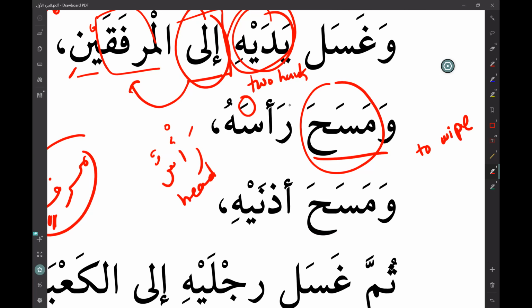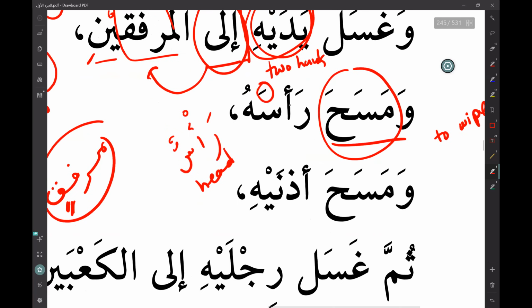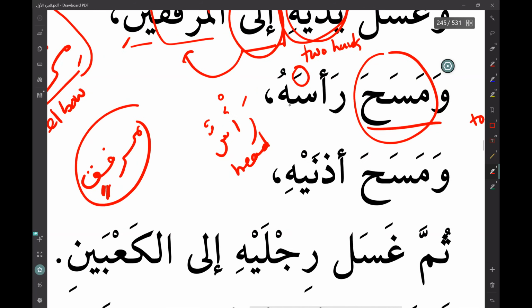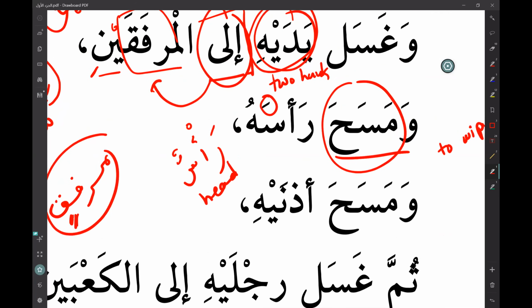He washed his head. So ra'suhu would be his head. Ra'suhu, his head. We can say your head, ra'suka. Okay, your head. So here saying his head. So he wiped his head. But we have to put a fatha here because of the object. Okay, clear, guys?